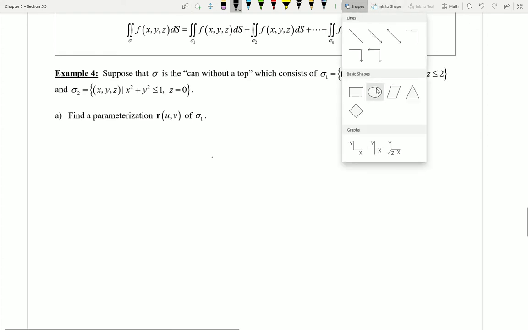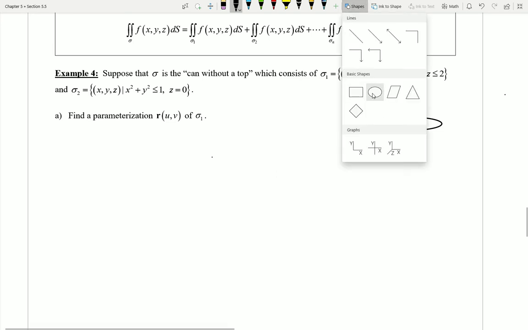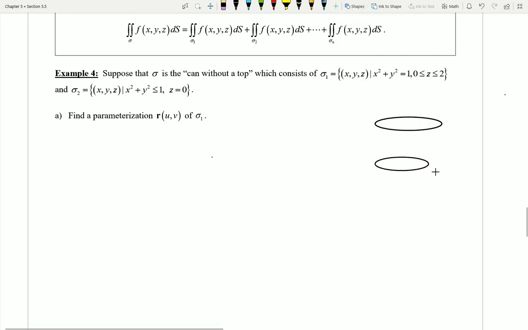So let's see if I can actually go ahead here and try to create a picture of something like this. Okay, so maybe I have something that looks like this, and I have something that looks like this, and then I'm going to put some lines in on the side. Okay, so something kind of like that.